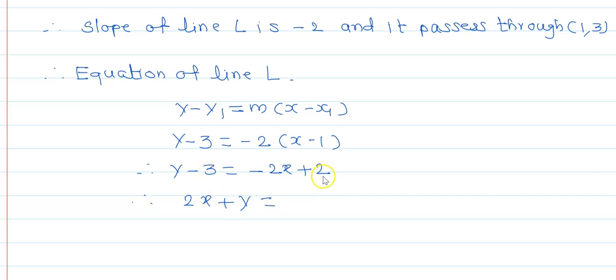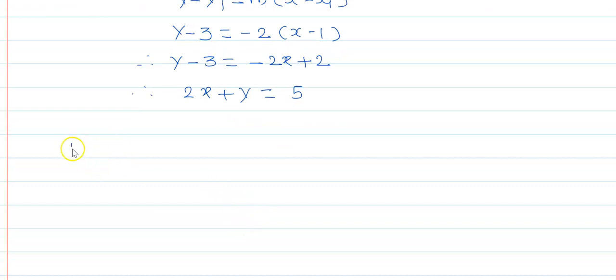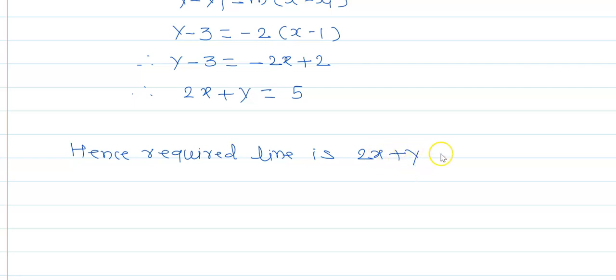Transfer this minus 3 to the right hand side, it will become plus 2 plus 3, you will get 5. Hence, the required line is 2x plus y equal to 5.